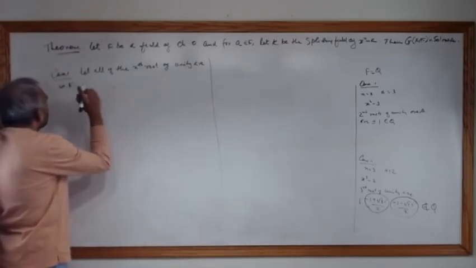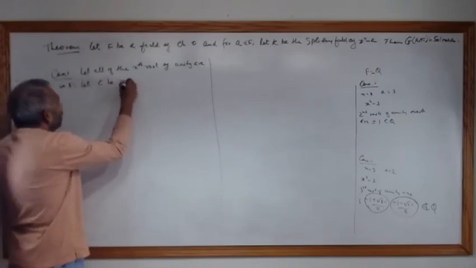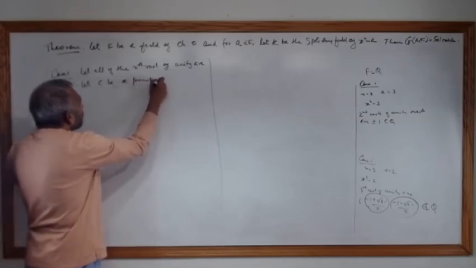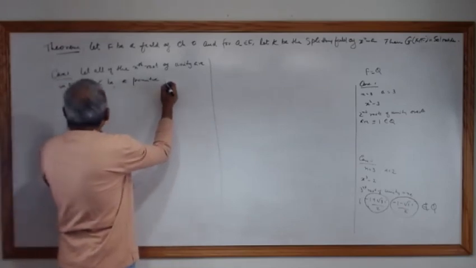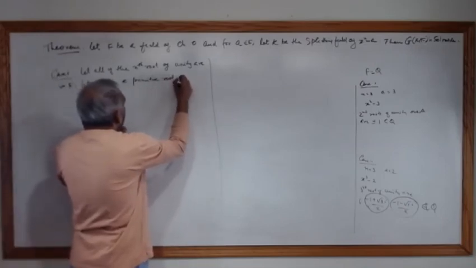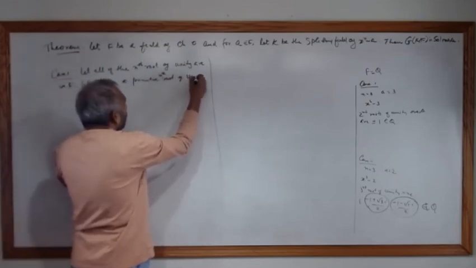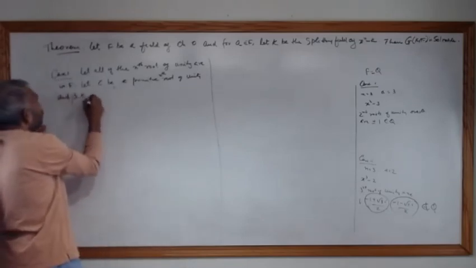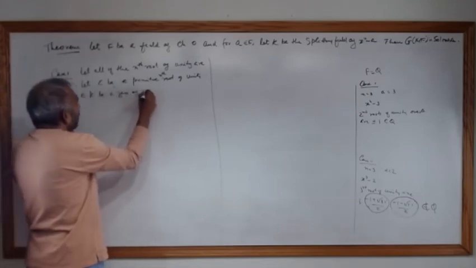So let zeta be a primitive nth root of unity, and beta belonging to K be a zero of x to the power of n minus a.